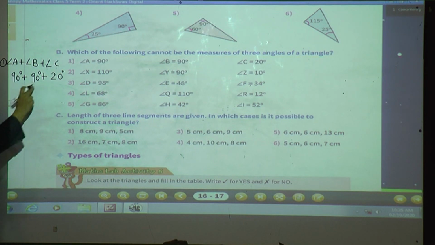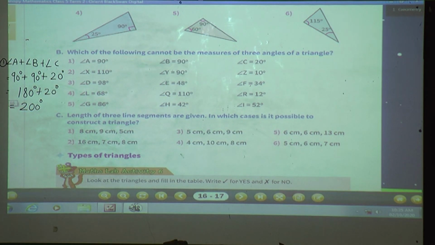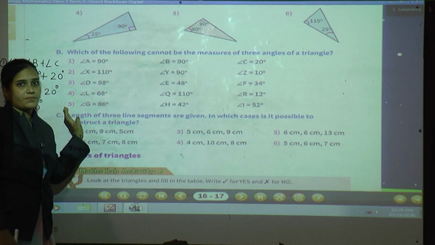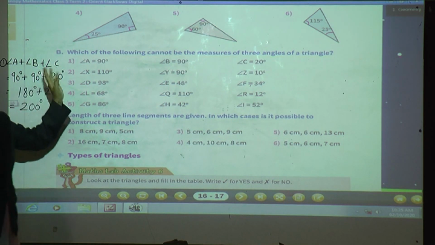See, 90 plus 90 is 180 degree and plus 20 degree is equal to how much? 200 degree. So this is more than 180 degree. Yes students, this addition is more than 180 degree. So it cannot be the measure of three angles of a triangle.